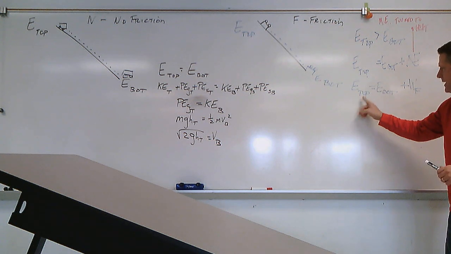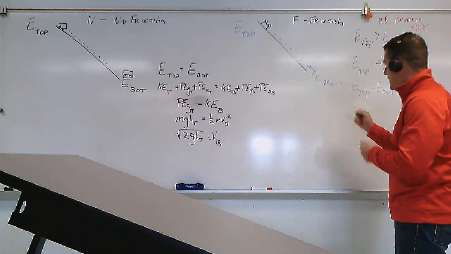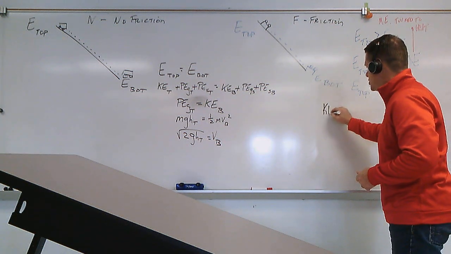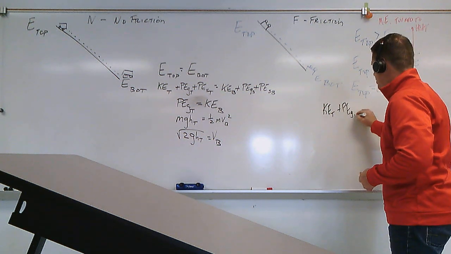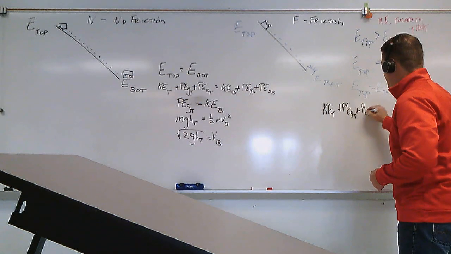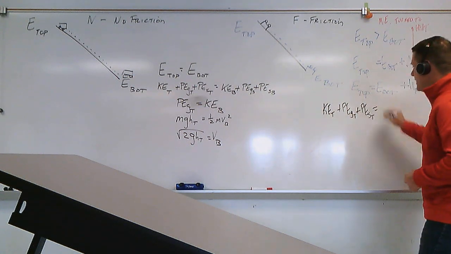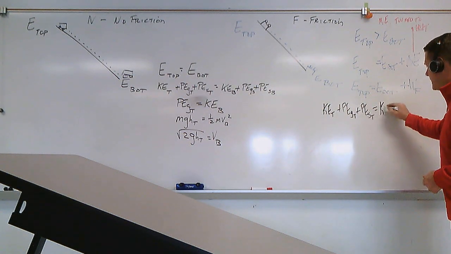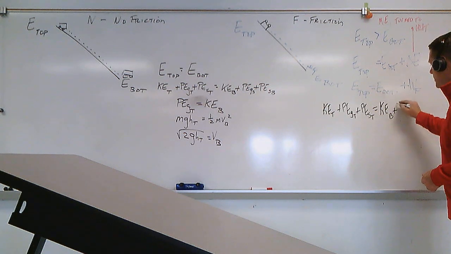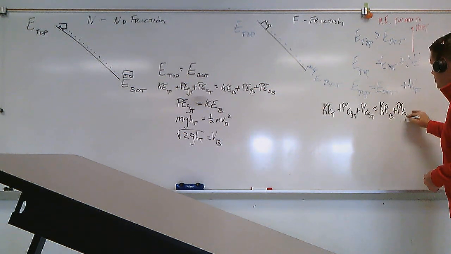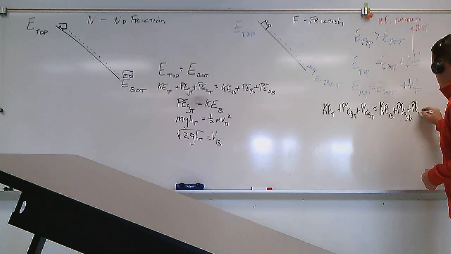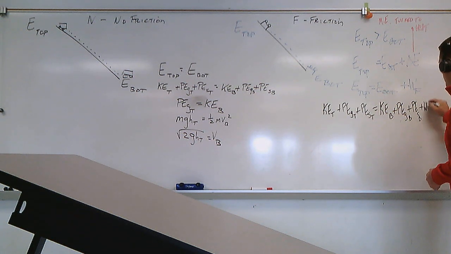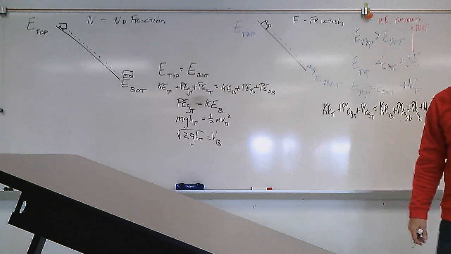Well, what makes up the energy at the top? Well, again, it's the kinetic energy at the top plus the gravitational potential energy at the top plus the elastic potential energy at the top equals the kinetic energy at the bottom plus the gravitational energy at the bottom plus the elastic energy at the bottom plus the work done by friction.